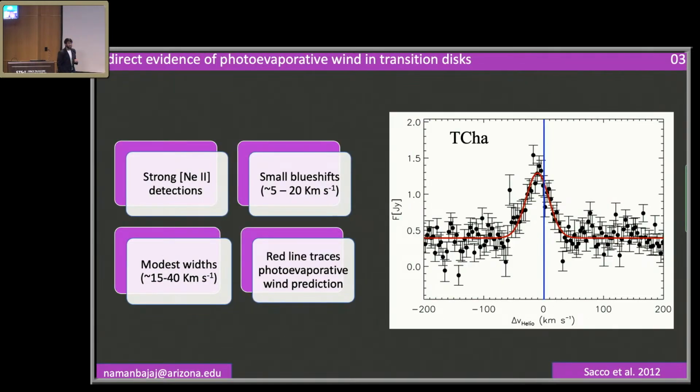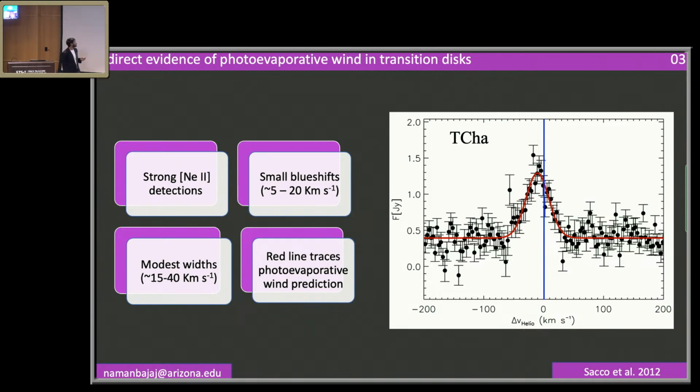So for photoevaporative winds, we have very strong [Ne II] line detections. These line detections using ground-based high-resolution spectroscopy have shown a consistent blueshift of about 5 to 20 kilometers per second and widths of 15 to 40 kilometers per second. Now, this is consistent with a wind because jets eject at speeds around 100 kilometers per second. So this says that [Ne II] is tracing a slow wind.